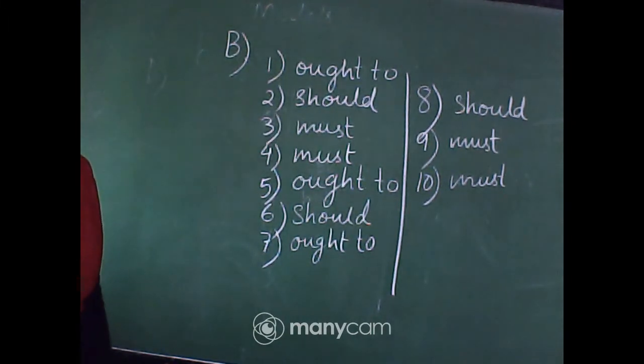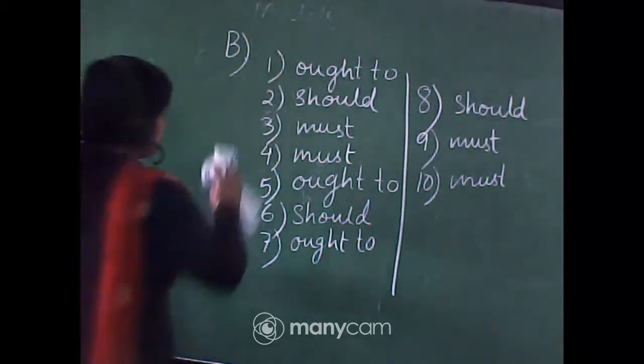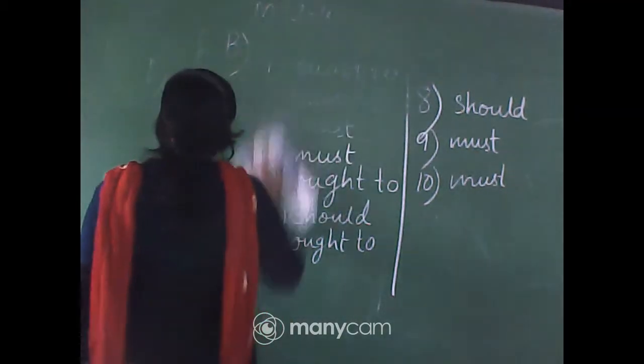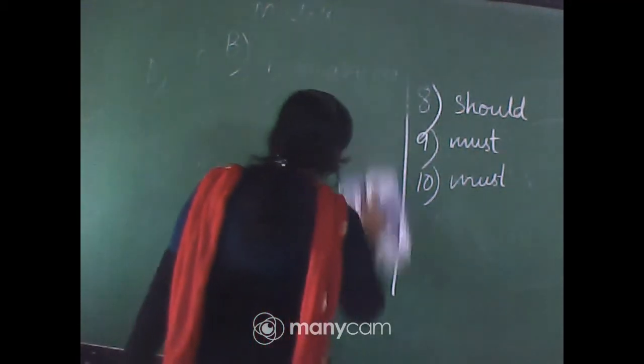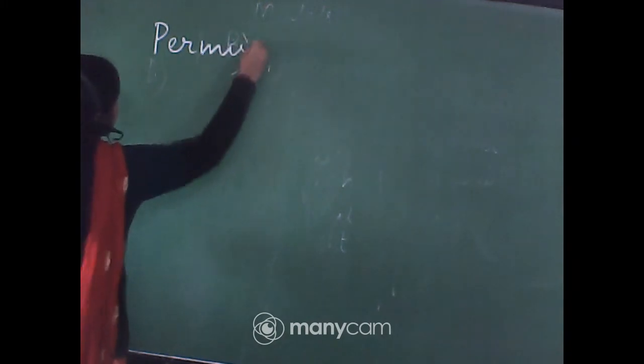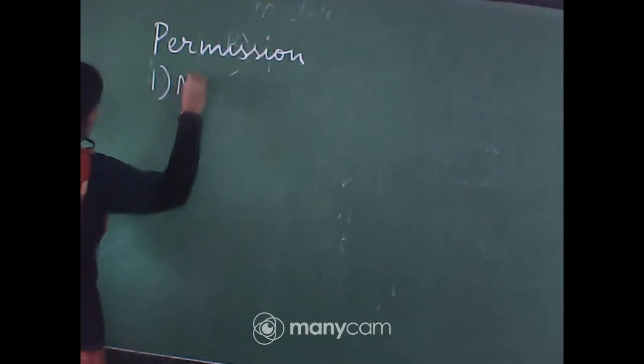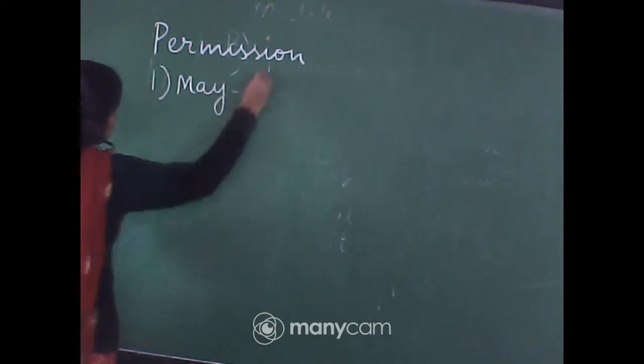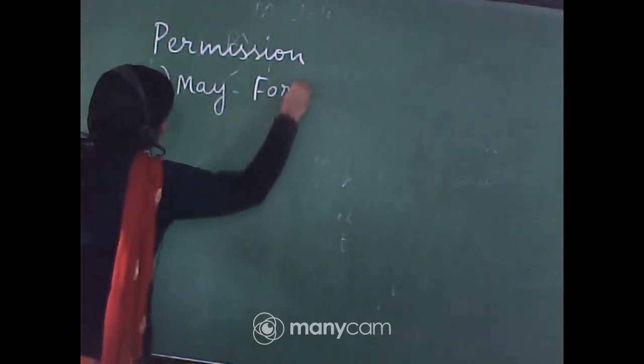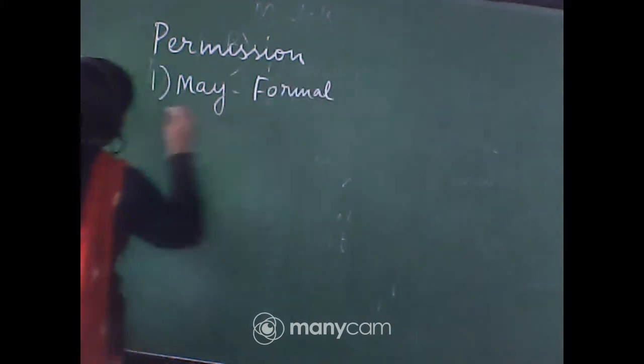Okay. So, permission. For seeking permission, we can use three modals: may, can and could. May is used to ask permission in a formal manner, official manner.